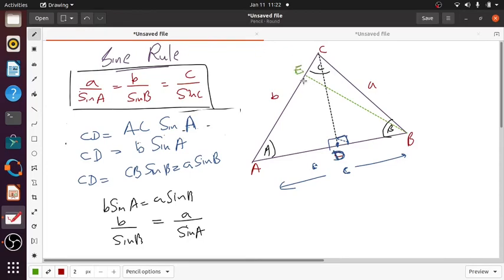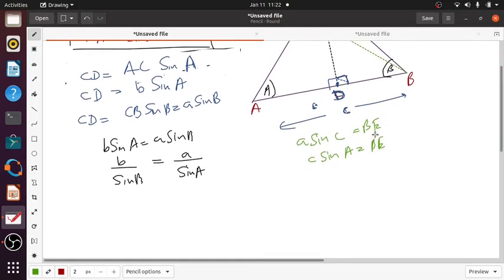Right. So in this case, BE is perpendicular to AC. Now using these two triangles, I can write the same relationship. So a sine C is equal to BE. If you use this triangle, AB sine A equals EB. AB means c. So c sine A is equal to BE.